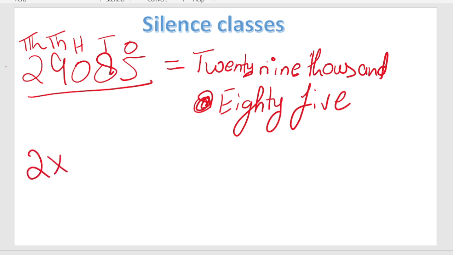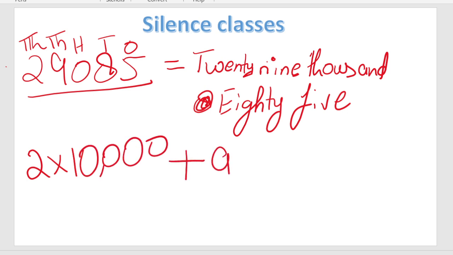2 is in the 10,000 place, so 2 multiplied by 10,000, plus 9 is in the thousands place, 9 multiplied by 1000. I have already told you that you don't have to multiply 0 by any number because you will get 0 over there, so we will not use 0.